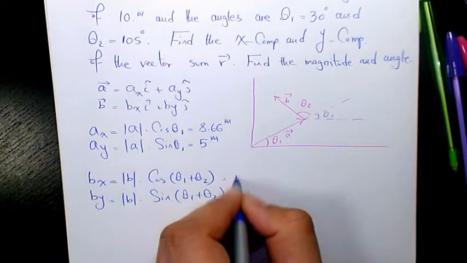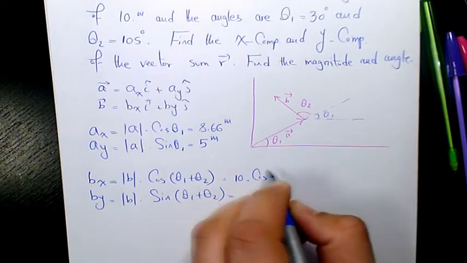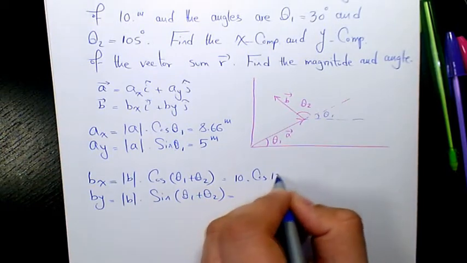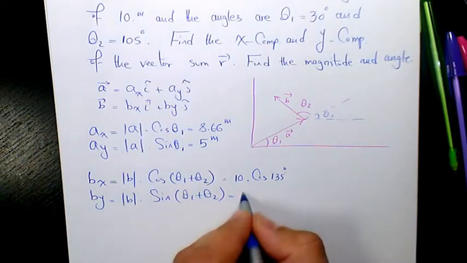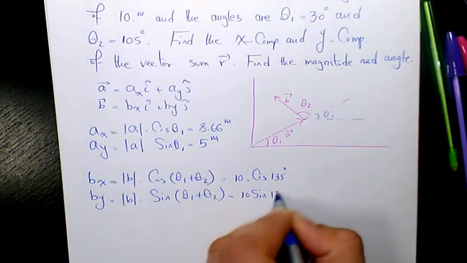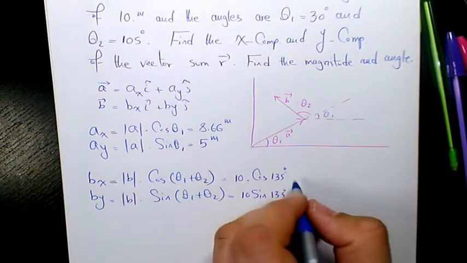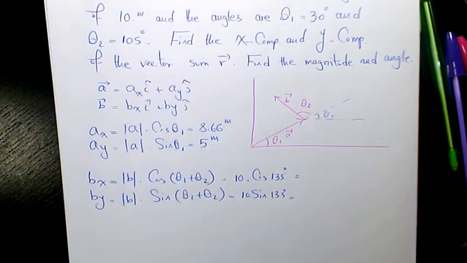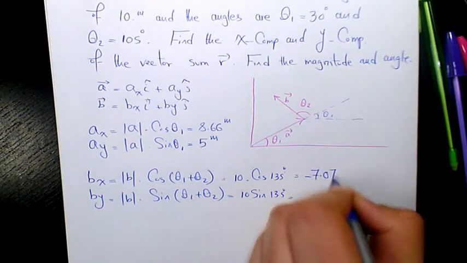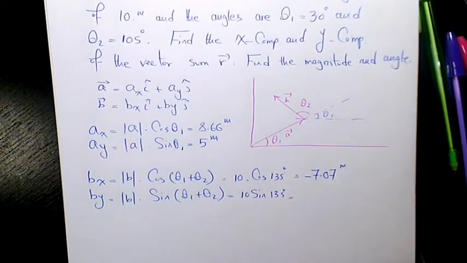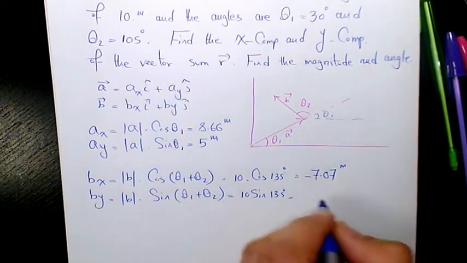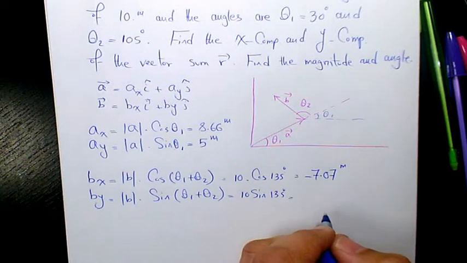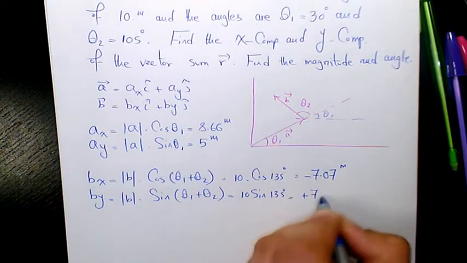So that will be 10 times cosine 135 degrees and 10 times sine 135 degrees. That will be 10 times cos 135, negative 7.07 meters, and here 10 times sine 135 will be the same thing in positive sign.